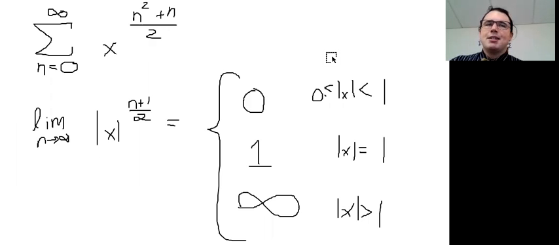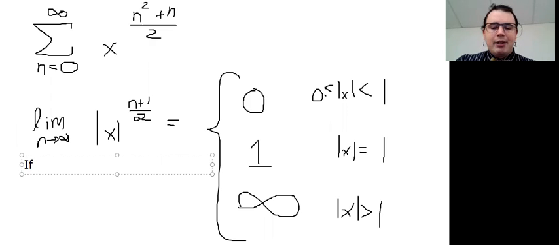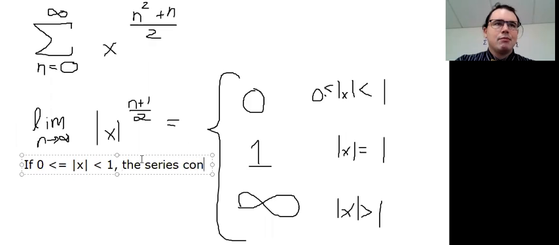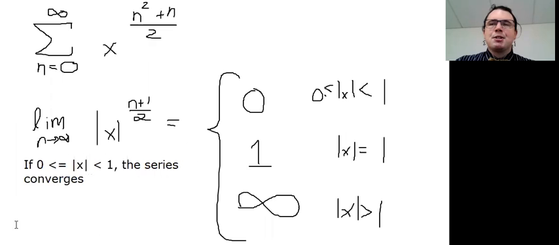Now I need to translate this into the outcome of the test. So if the absolute value of x is a number between 0 and 1, the series converges. My limit exists, it's the number 0. The test says that my series will converge for that value of x.